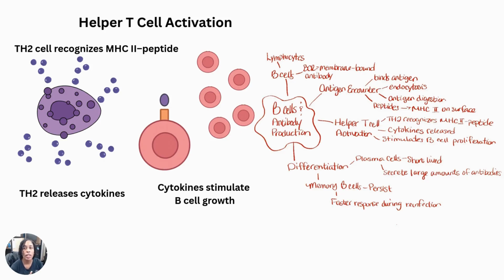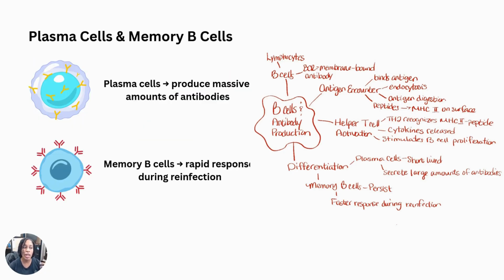Helper T cell. So a T helper 2 cell recognizes the antigen on the MHC2 and releases cytokines that drive B cell proliferation. So you want to write down that cytokines are released and it stimulates B cell proliferation. Those are important. So now the B cell can differentiate into powerful defenders, which would be the plasma cells and memory B cells.